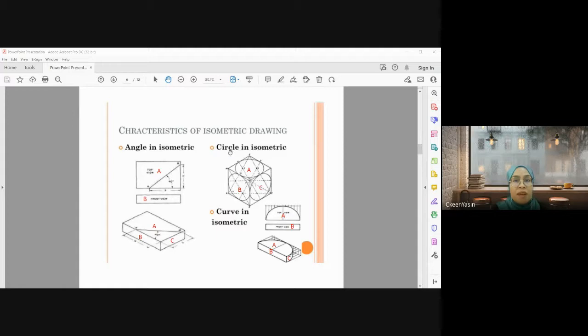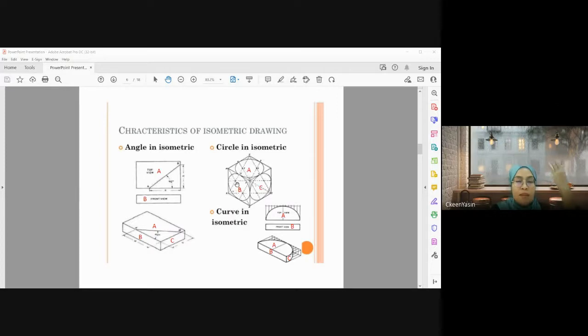But if you have a circle in isometric, if there are round shapes, because I noticed that some of you have round shapes, this is how you do a circle. You have the A. If the plan is something like this, this is A on top view, B, and C. So if you have an isometric plan, A should look like this, if you have a circle.